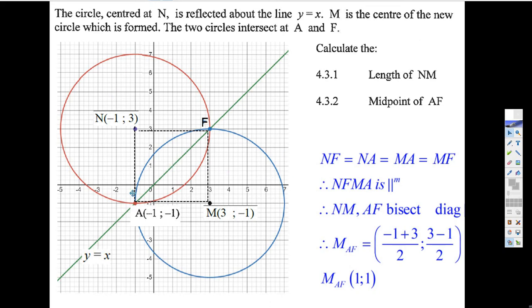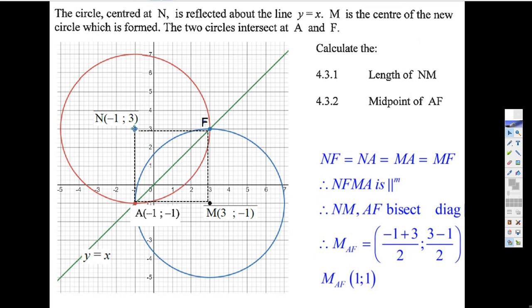Well, what I did, when I'm looking at these two circles here, I can see that from N to F and from N to A, and from M to A and M to F, those are all radii. If they're all radii equal to each other, then it must be true that if all the sides of a quadrilateral are equal, then it must be a parallelogram. Opposite pairs of sides are equal. It's a parallelogram.